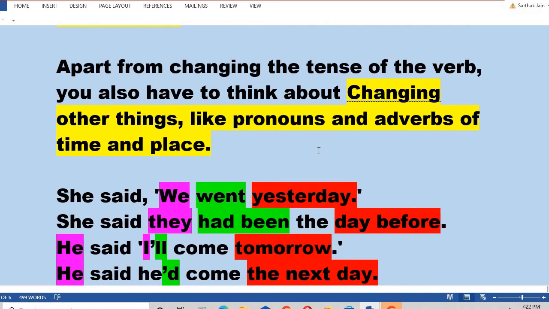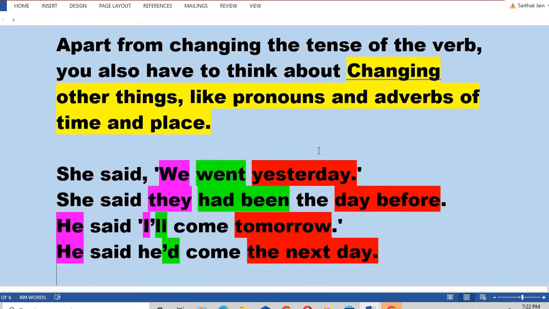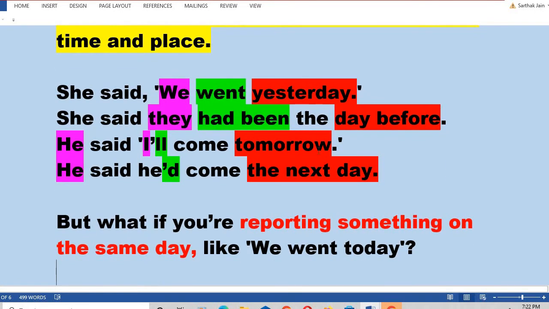Okay. Now there are some other rules also, some other points also, which have to be kept in mind. Apart from changing the verb, we have to think about changing the other things like pronoun. Pronoun I have already told you, but some more points like verbs of time and place. For example, she said she went yesterday.